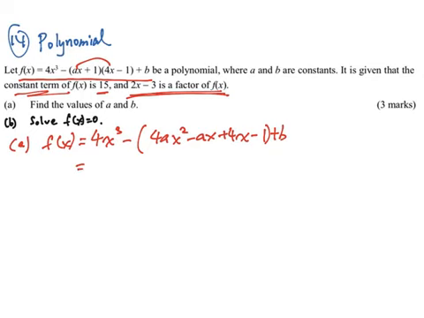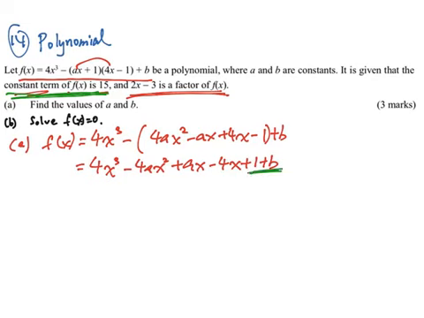So after simplification, we can get 4x cubed minus 4ax squared plus ax minus 4x plus 1 plus b. According to the question, the constant is 15. So the constant, that means no x term, no x squared and x cubed term. So that means 1 plus b is equal to 15. So b equals 14.